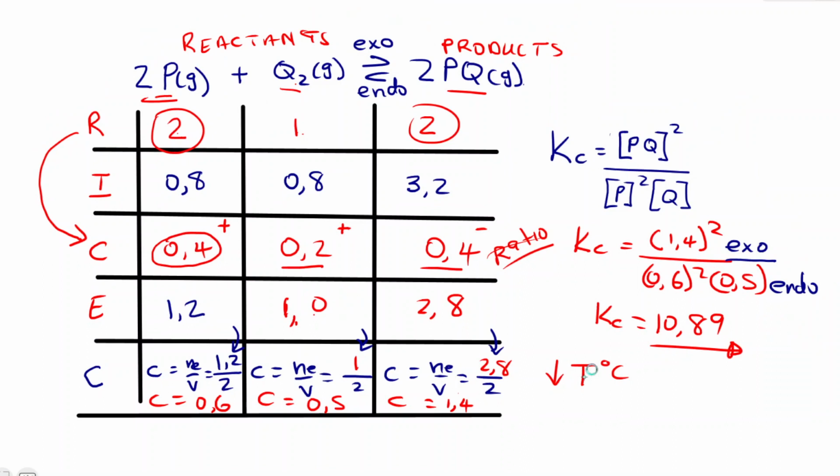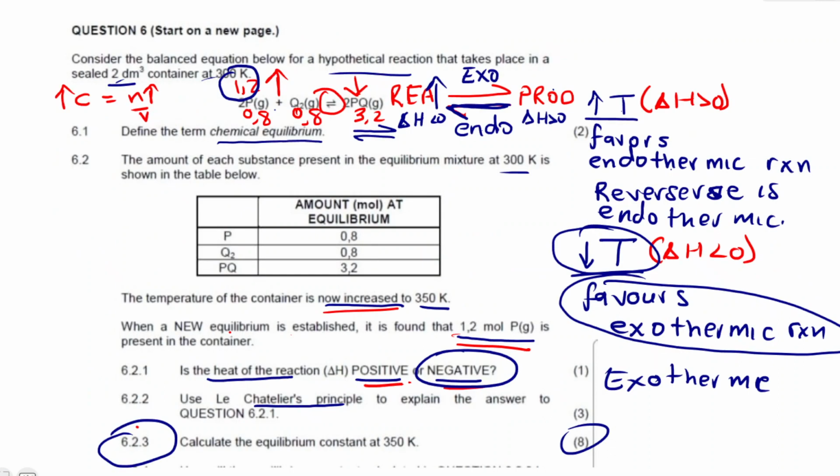Remember, the decrease in temperature favors the exothermic. Go back to the statement that we mentioned earlier on. The decrease in temperature always favors the exothermic reaction. So which side is the exothermic reaction? We said the products are the exothermic reaction.